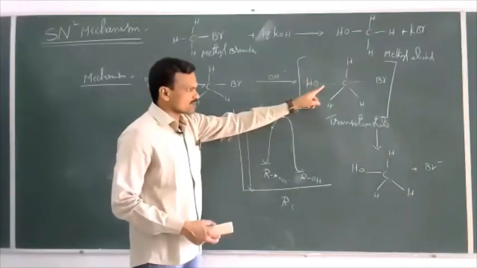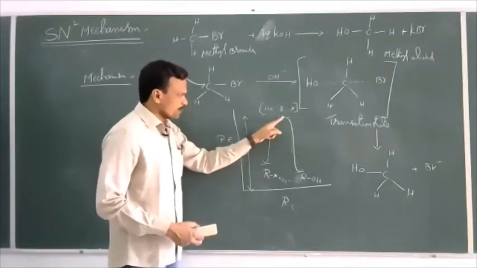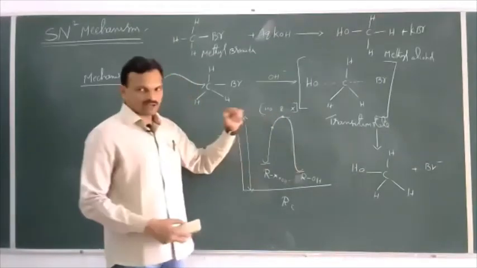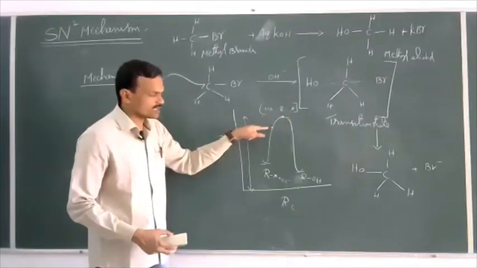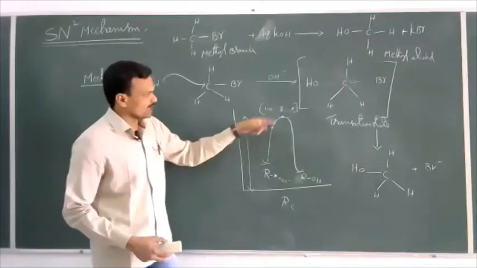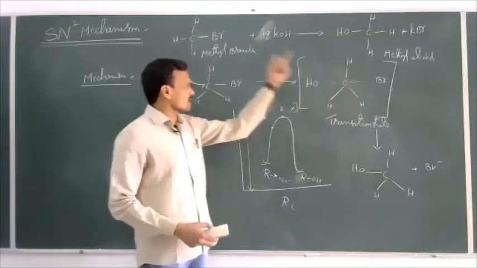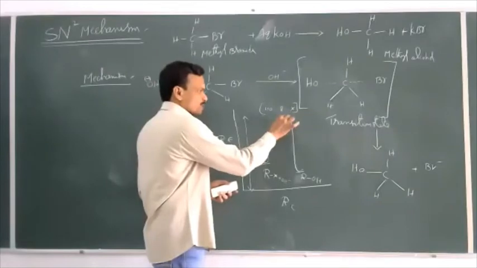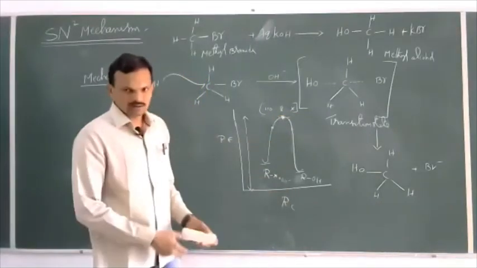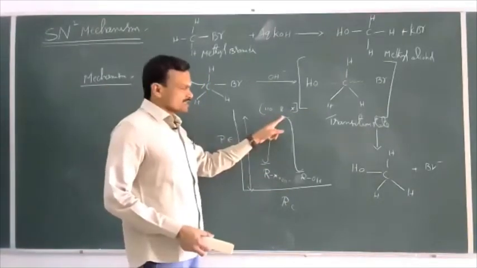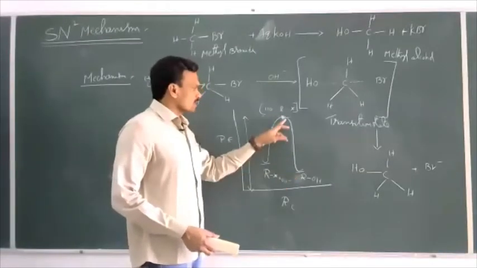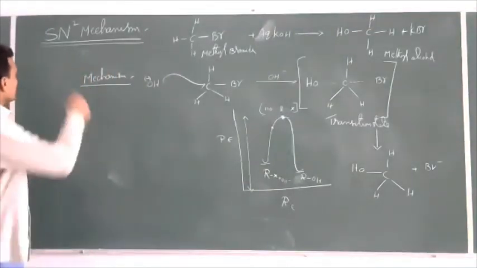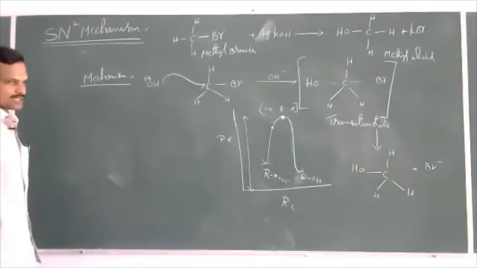If the energy of the transition state is less than this, it decomposes to give back reactants only, not products. So whenever the transition state possesses the minimum energy called the threshold energy, only then does it form products. Otherwise, it converts back to reactants only. So this is the energy level diagram for the mechanism of the SN2 reaction.